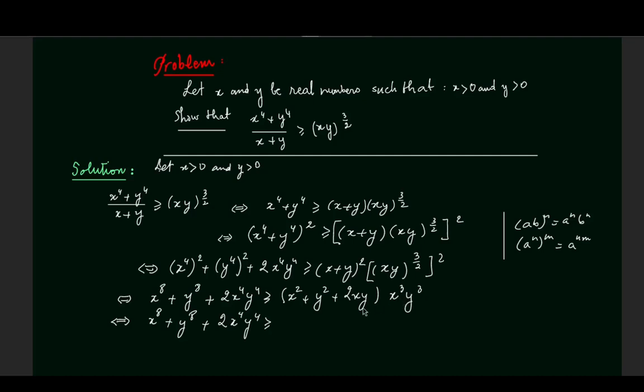So x squared times x cubed times y cubed, that's x to the 5th y cubed, plus y squared times y cubed, that's y to the fifth times x cubed, of course, plus 2 times x cubed, that's x fourth, y cubed, that's y to the fourth.